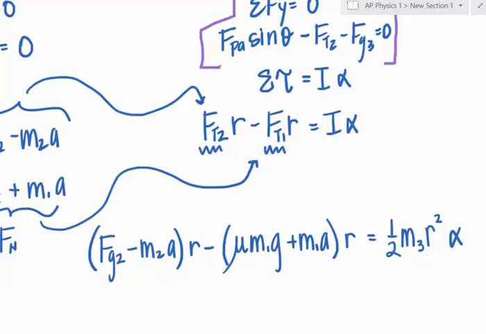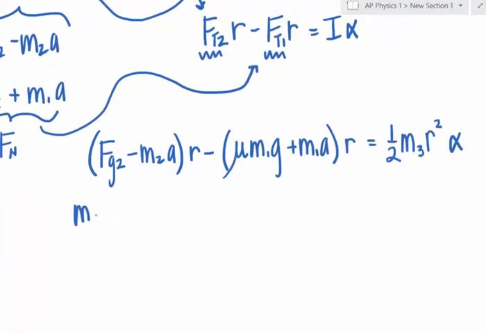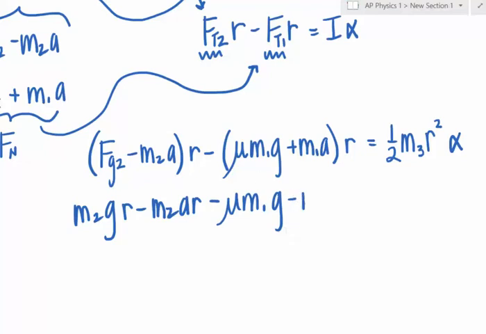So let's do some final substitution here. m2gr minus m2ar minus mu m1g, minus m1ar is equal to 1/2 m3r squared. What can I substitute for alpha? A over r, because both strings are at the same radius. We're going to do one where they're not in a minute.